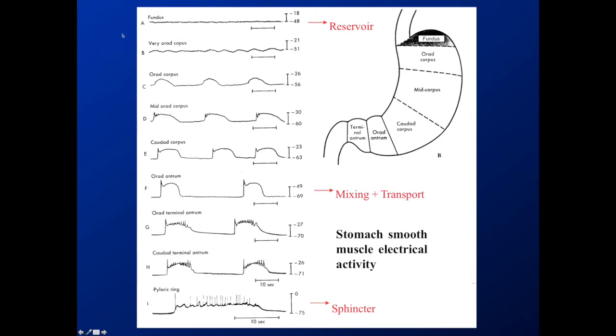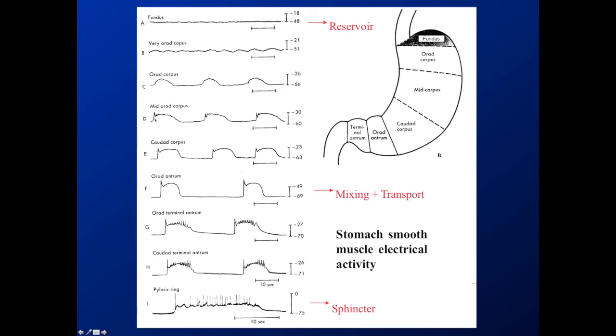Then as we go down to the orad corpus and the caudate corpus, you start to see these slow waves originating. You can hardly see them in the orad corpus, but in the caudate corpus they're quite well defined.